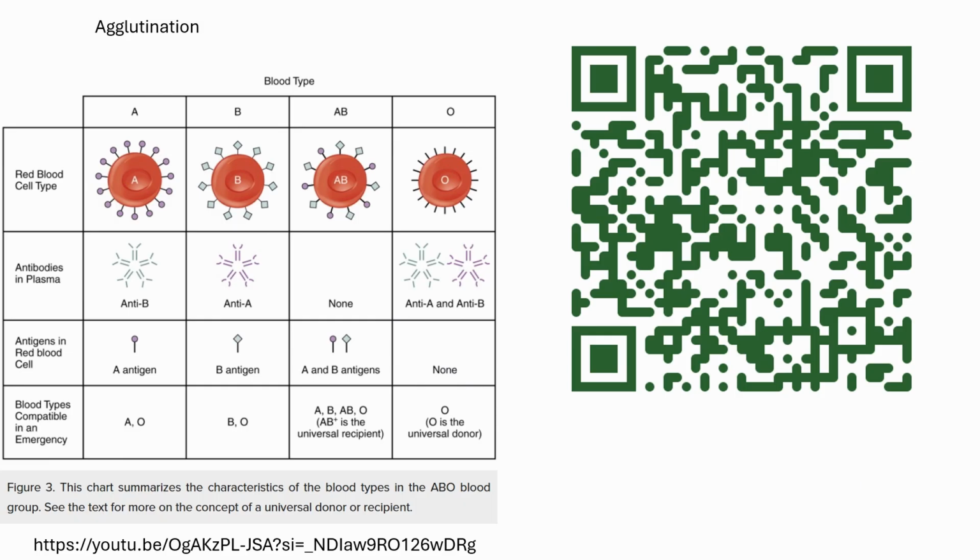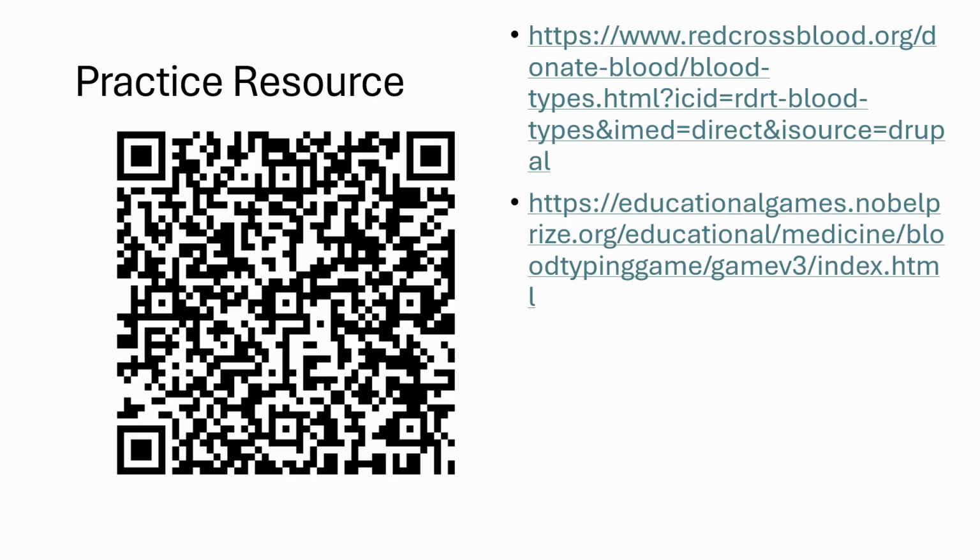What exactly is happening? Basically, it's antibodies attacking antigens to the point where they form a clump together, and that clump is actually visible. We will use that principle to identify the types of antigen or the blood type of an individual.